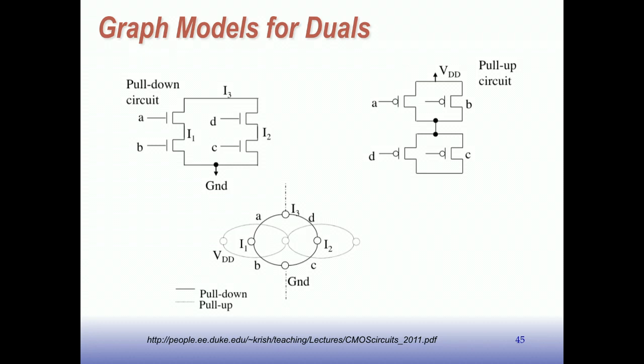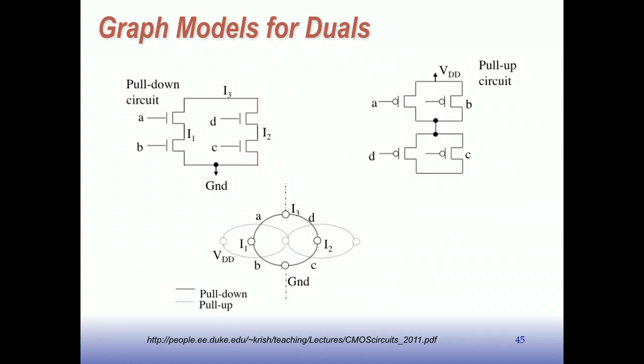And then you go 90 degrees to that. You can put a node for VDD for the pull-up. You put a node over here for the output. And then you put a node in any of the regions that are enclosed. In this case, put a node here. We've got this region covered by that node, this region is covered by that node, and this region in here of the graph is covered by that node.